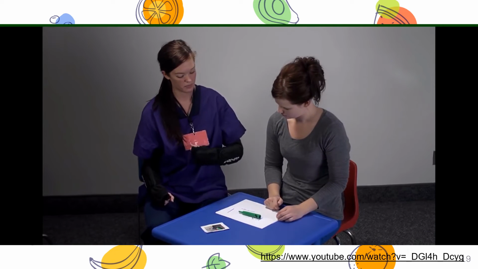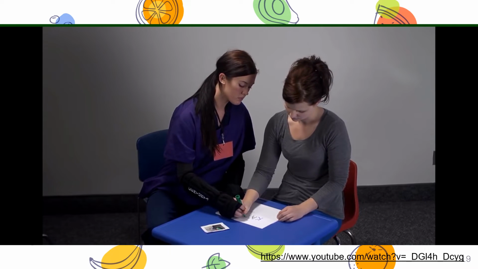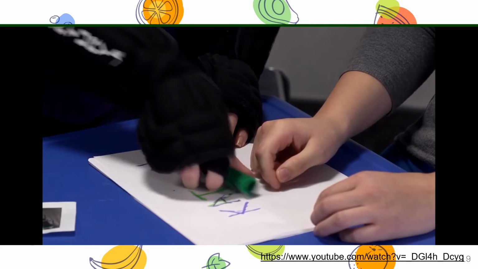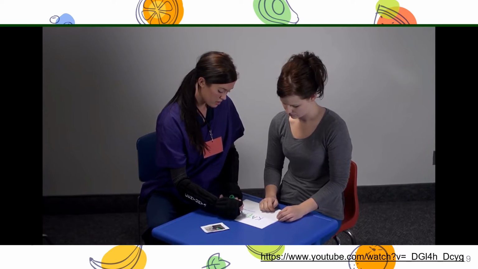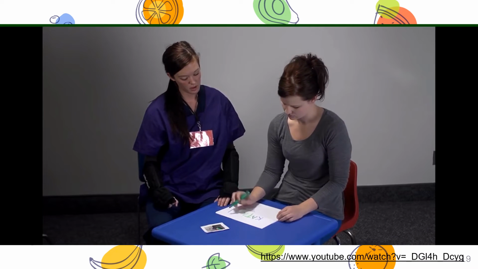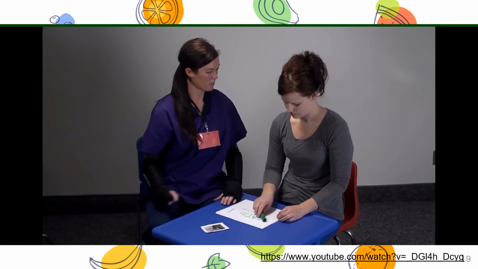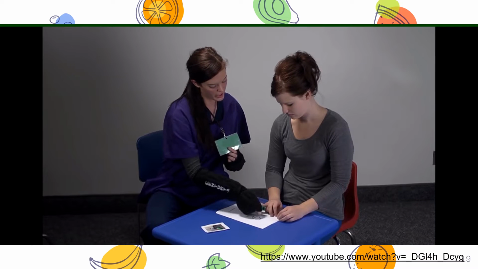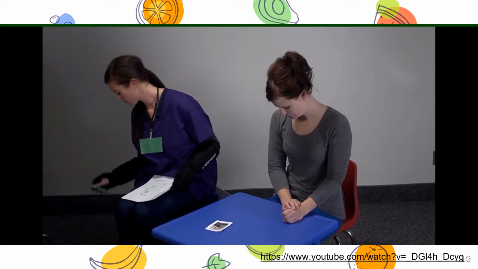You try. You need to trace the T, like that. Trace the I. Good job tracing the I, Katie. Trace the E. Good job tracing the E. Draw a line. Nice job drawing a line. Let's draw another line. Good touching the card. You can have a break.